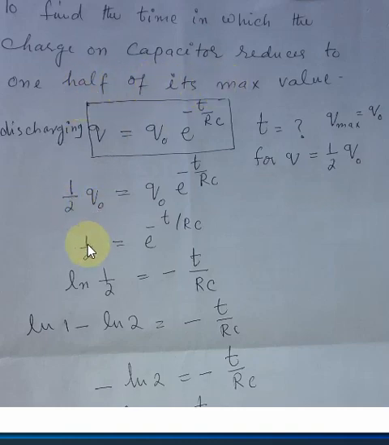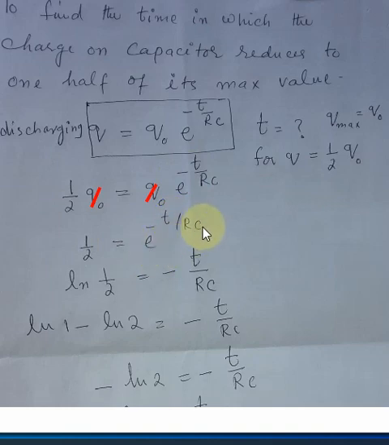Half of the maximum value is half of q naught, and the rest of the equation would be unchanged. So we will cancel this like term on both sides, and we will be left with half over here and this exponential term over here.